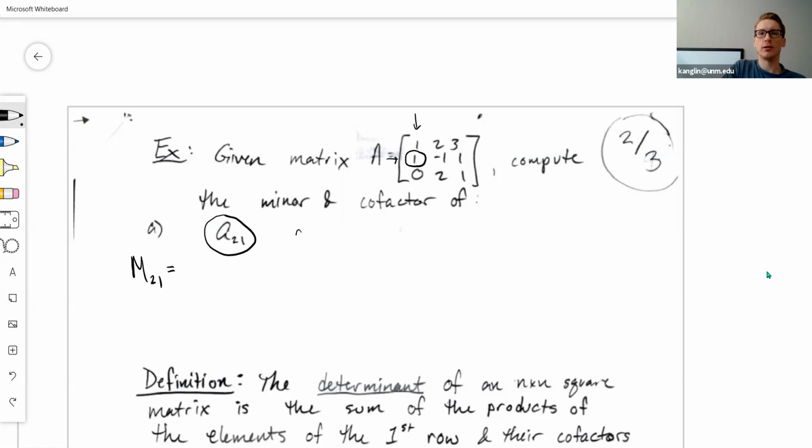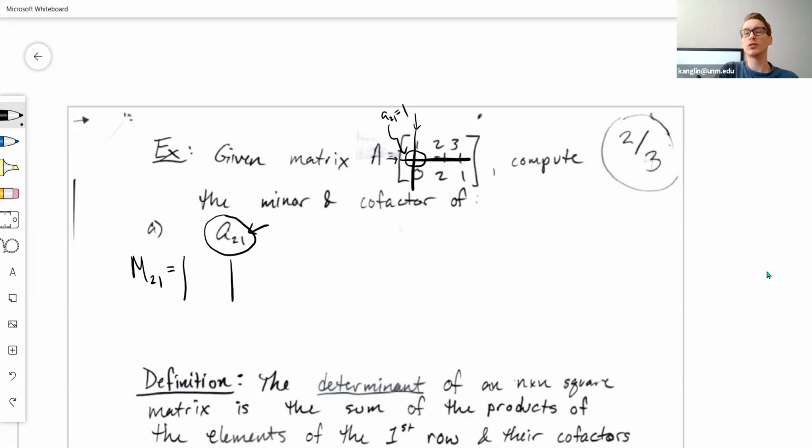That's A21. So the minor, M21, that goes with that entry is the determinant of the matrix that remains when I get rid of the row and column that A21 was in.